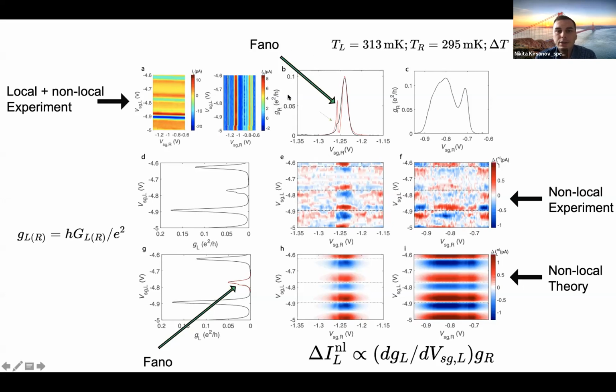Here you see the conductance peaks of the right dot, here are the conductance peaks of the left dot, and here are the non-local currents which correspond to these particular conductance peaks. For example, this picture corresponds to the selected region of these conductance peaks.